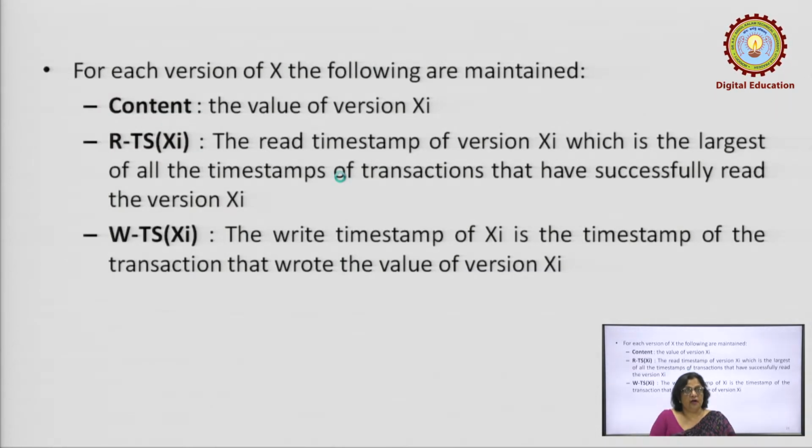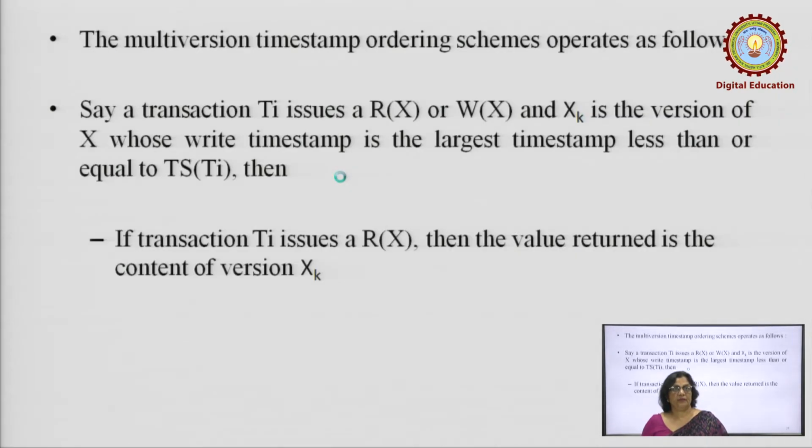Each version xi of the data item consists of the content, the value of the data item, the read timestamp, which is the largest of all the timestamps of transactions that have successfully read the version xi, and the write timestamp, which is the timestamp of the transaction that wrote the value of the version xi.